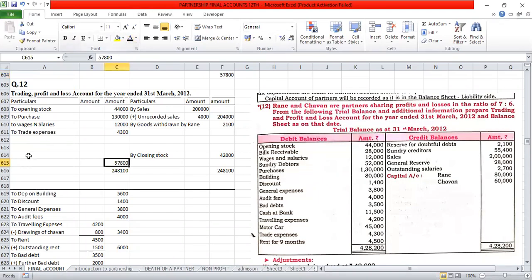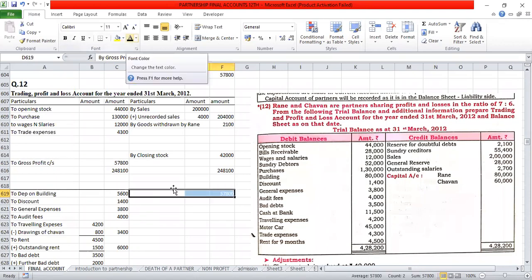That is called the gross profit. That will be brought down to the profit and loss account: 57,800.